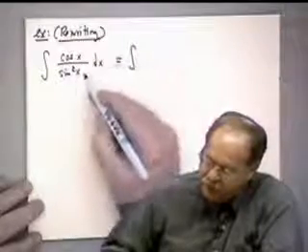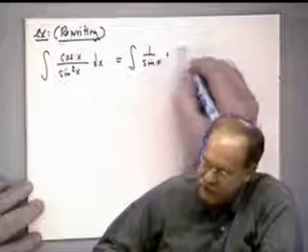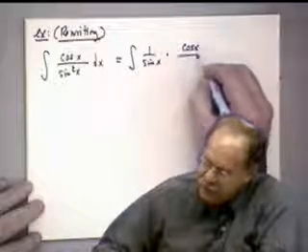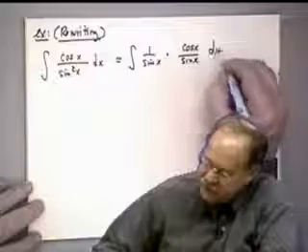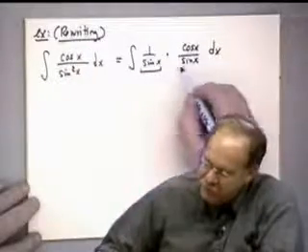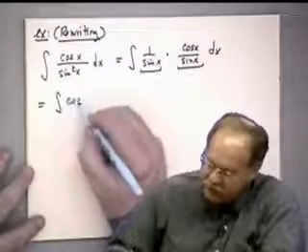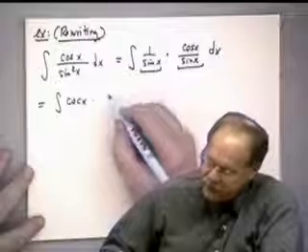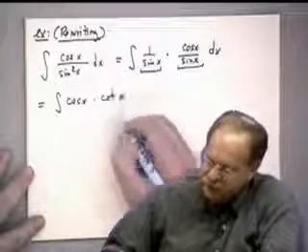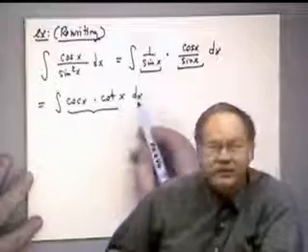If I rewrite the integrand as 1 over sine x times cosine x over sine x dx, I still have the same thing I had before, but now I can rewrite each of these as the following trigonometric functions: cosecant x, 1 over sine x, and the other one is cotangent x. And now, putting the dx here, also don't forget to put your dx's.